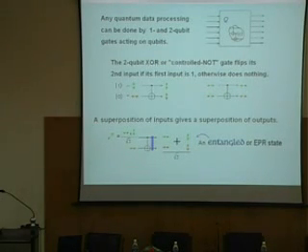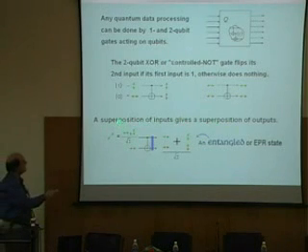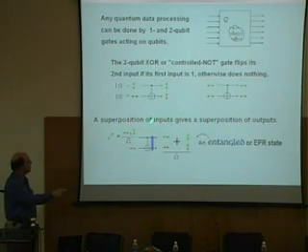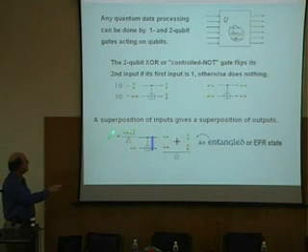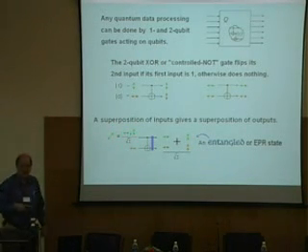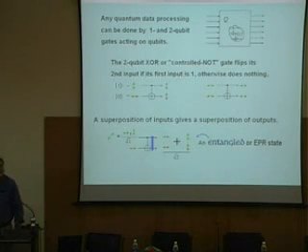Well, this is an example of a two-particle interaction. But because it's a quantum interaction, it has to obey the superposition principle. And if you give it a superposition of inputs, what must come out is the superposition of the outputs. So let's give this control qubit a superposition of vertical and horizontal. In other words, let it be a diagonal state.